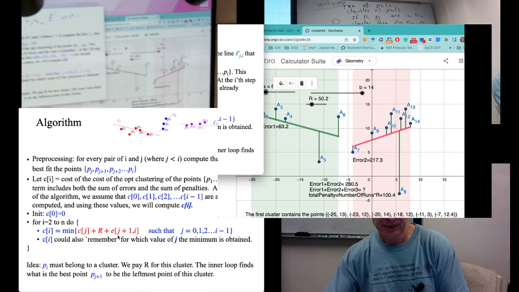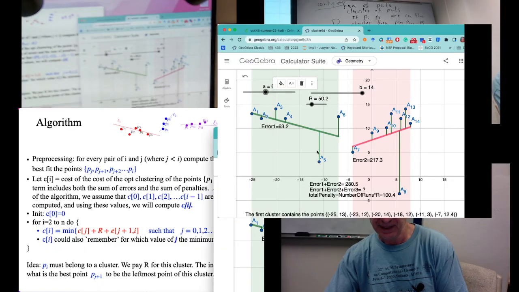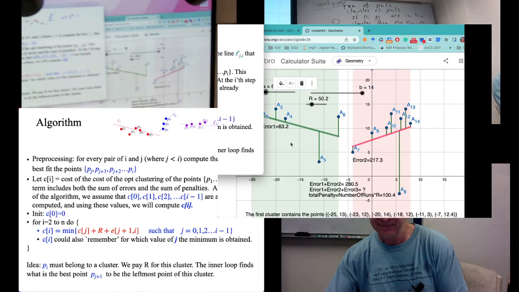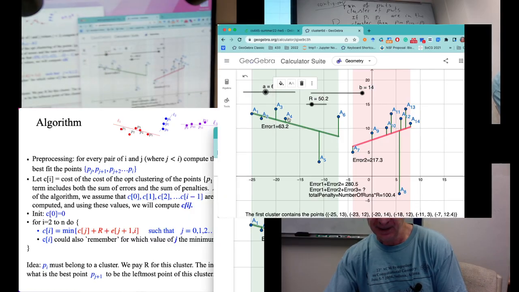So I'll check the case of j equals 0, at which C of j is initialized to 0, and all I pay is the cost of one cluster, R. Again, I'm just solving the case of i equals 6, and if for i equals 6, the best that I can do is one cluster, it means that I'll get to j equals 0, C of j is 0, and the total penalty that I'm paying is R for creating one cluster, 1 times R, plus the error of all the vertical segments, the sum of squares of the lengths of all the vertical segments that fit all the points over here.